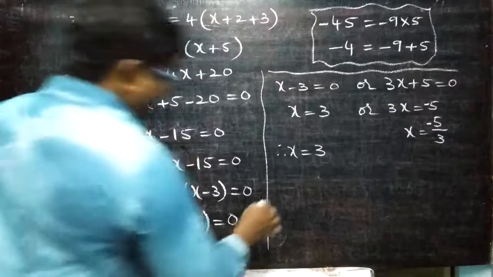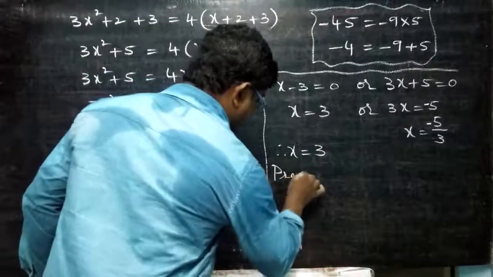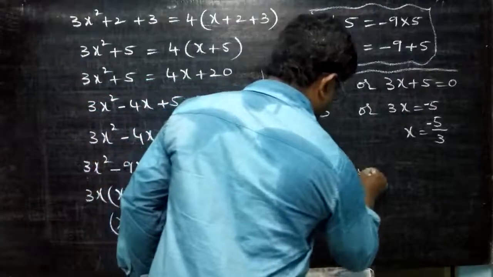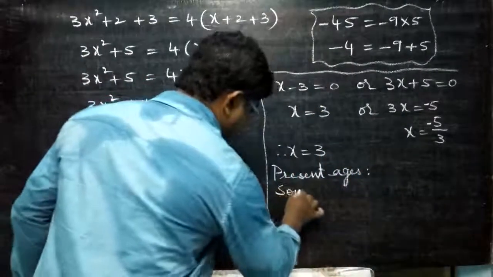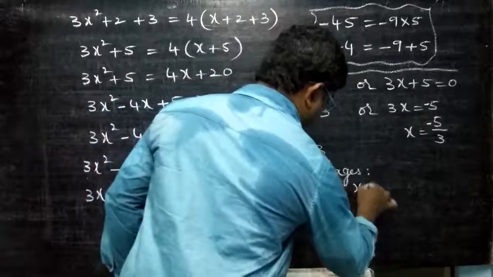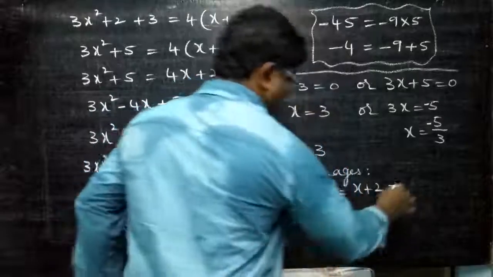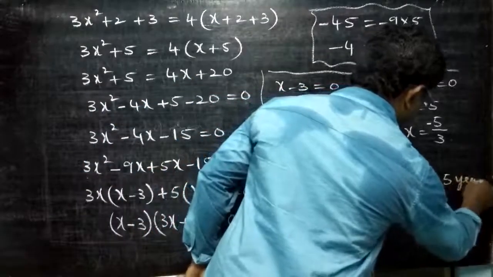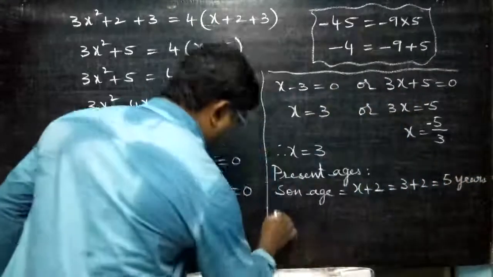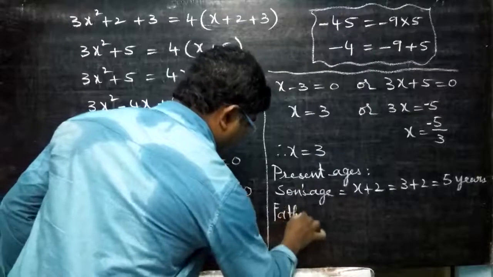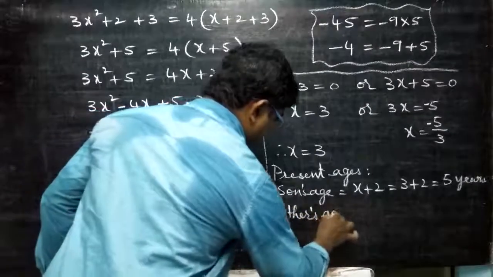Now they are asking to find the present ages. What is the son's present age? Son's present age is equal to x plus 2, that is 3 plus 2, which is equal to 5 years. And this is the son's age. Now we are finding the father's age.